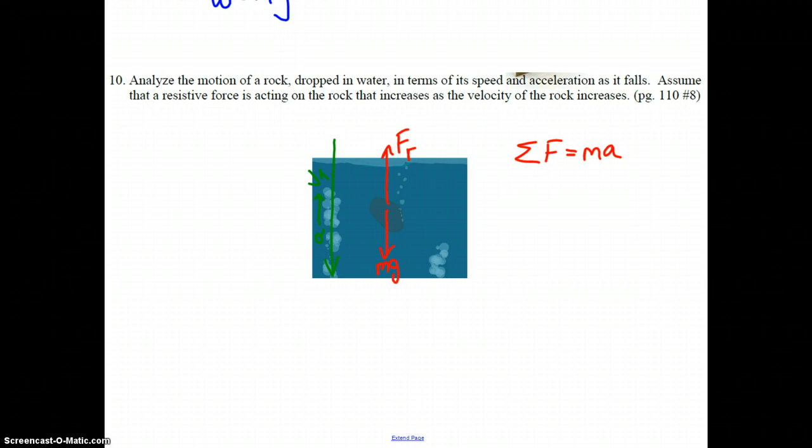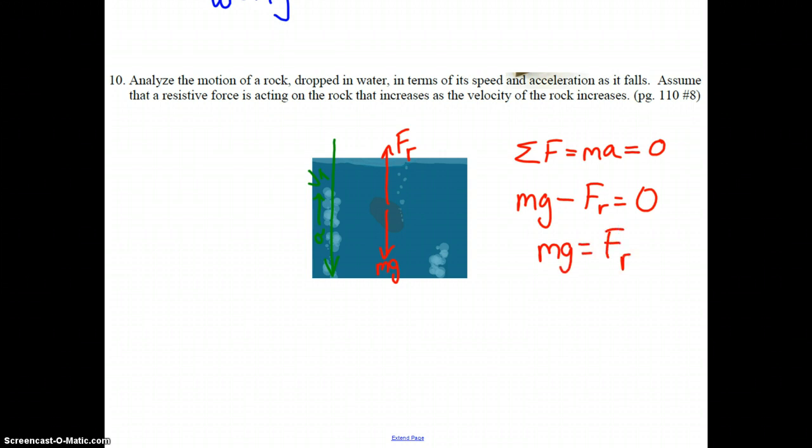What that means is then the object is not accelerating. So the product of m and a is 0. What would be the summation here? Well, this would be mg down in the direction of motion minus Fr equals 0.